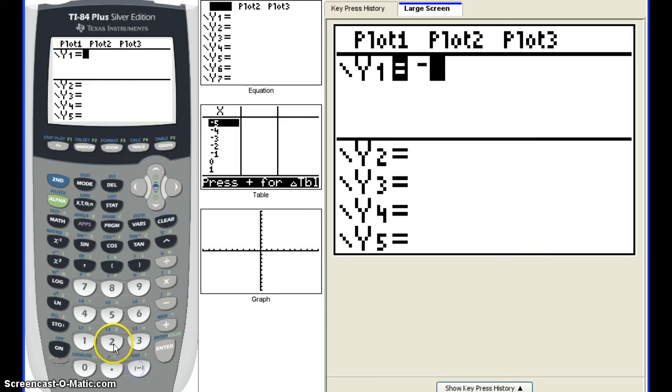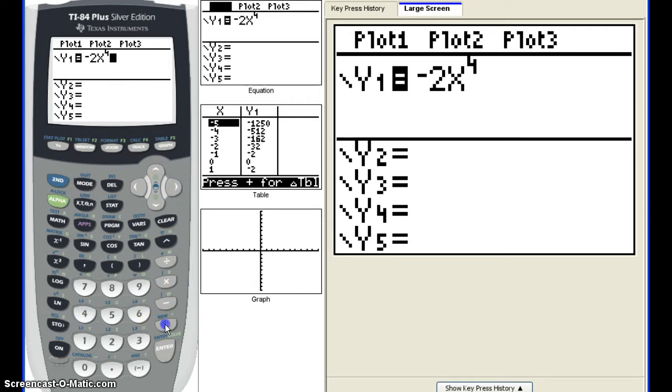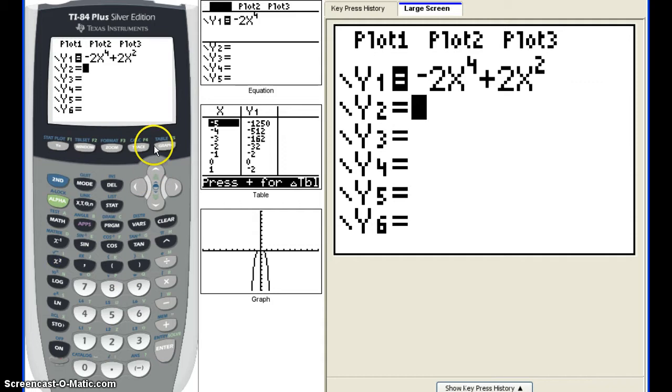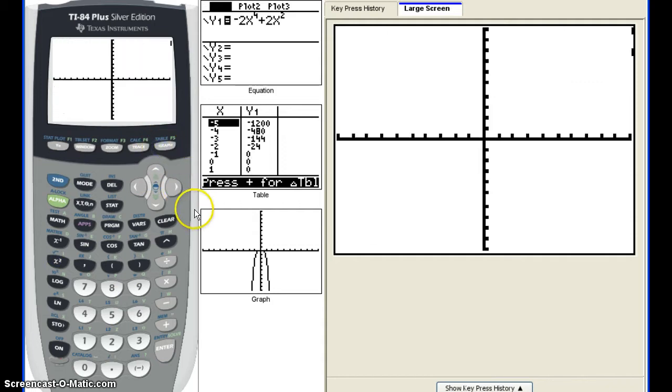We type negative 2x to the power of 4 plus 2x squared, and we should get our graph here looking almighty and lovely. Now it's an even function, so they're both going down because a is negative, it's going down.